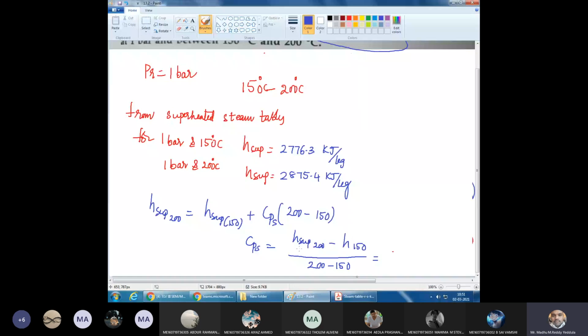The absolute unit is Kelvin. Whenever there is a difference of temperature, whether it is in degree centigrade or Kelvin, there is no change in the system. So 200 minus 150 in degree centigrade, the difference is 50. If you convert these two values into Kelvin and find the difference, it also remains the same. So by default, it will be in Kelvin only if there is a temperature difference. What is this value?